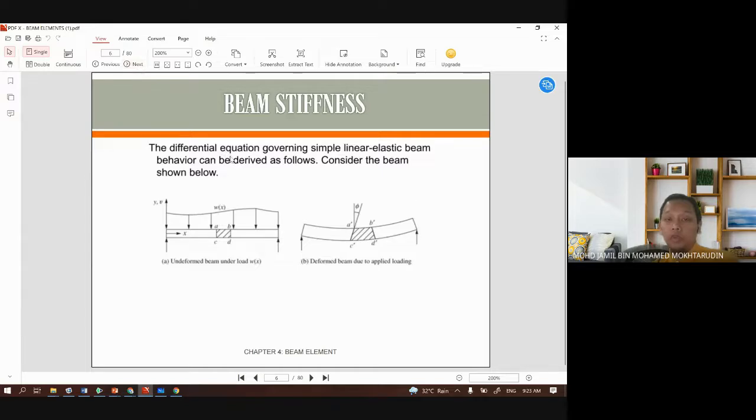The differential equation governing simple linear elastic beam behavior can be derived as in the following slide. Firstly, we take a small element in the beam, maybe with length AB or CD, and from there we derive the beam stiffness equation.